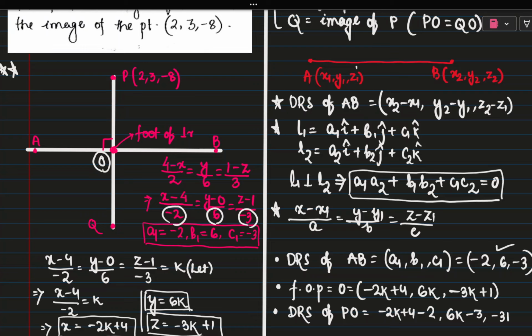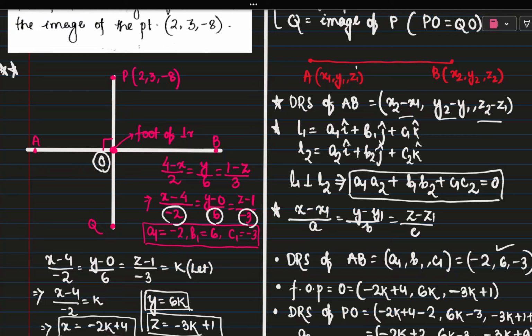And the last is minus 3k plus 1 minus minus 8, that becomes plus 8. If you solve it properly, I'm getting minus 2k plus 2, 6k minus 3, and minus 3k plus 9. This is the direction ratio of PO.